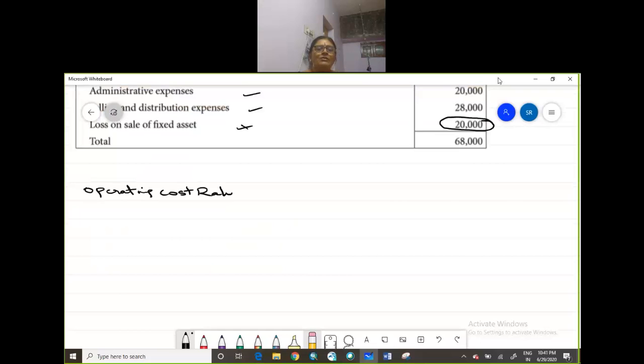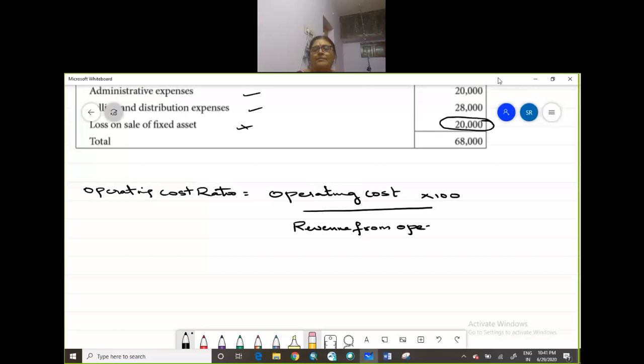Now operating cost ratio is equal to operating cost into 100 divided by revenue from operation. Revenue from operations. Fine. Now, what is this revenue from operations?